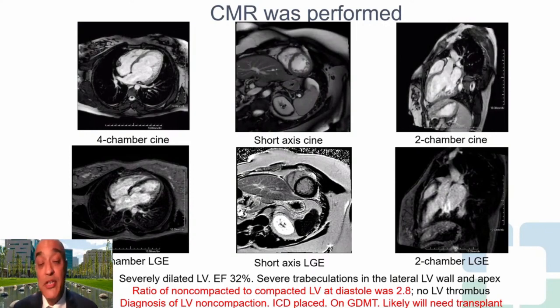We measured the ratio of non-compacted to compacted LV at diastole, which in this context was around 2.8. There was no concomitant LV thrombus. So we were very confident in the diagnosis of LV non-compaction. We placed a secondary prevention ICD. Patient is unfortunately on guideline-directed medical therapy and in the process of getting a heart transplant.